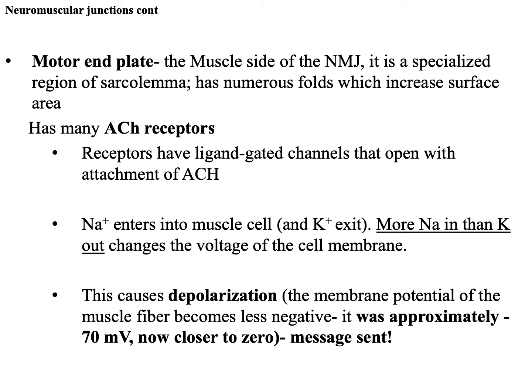Some potassium leaves, but you'll learn that potassium has a tendency to be a little bit of a slowpoke. Sodium usually, not always, is pretty quick, rushing in. So that -70 is meeting a whole bunch of sodium positives, and we're leaving our -70 moving towards 0. That's called depolarization. You're trying to get rid of that difference, and we're creating electricity.